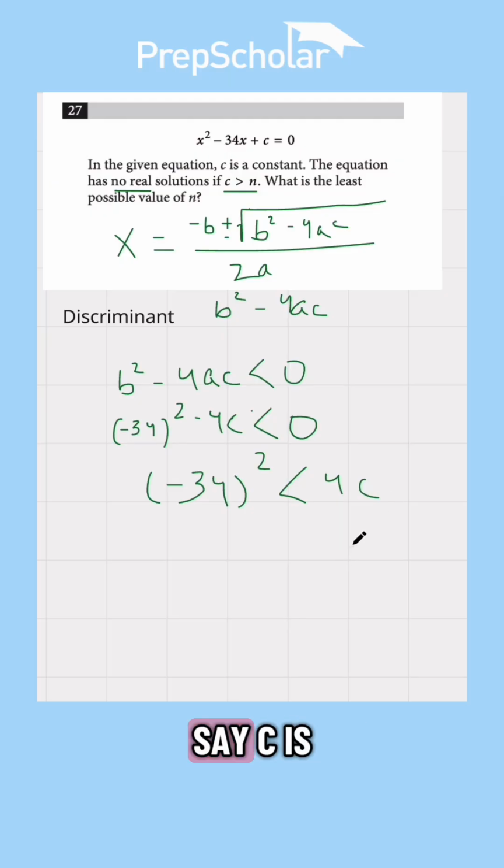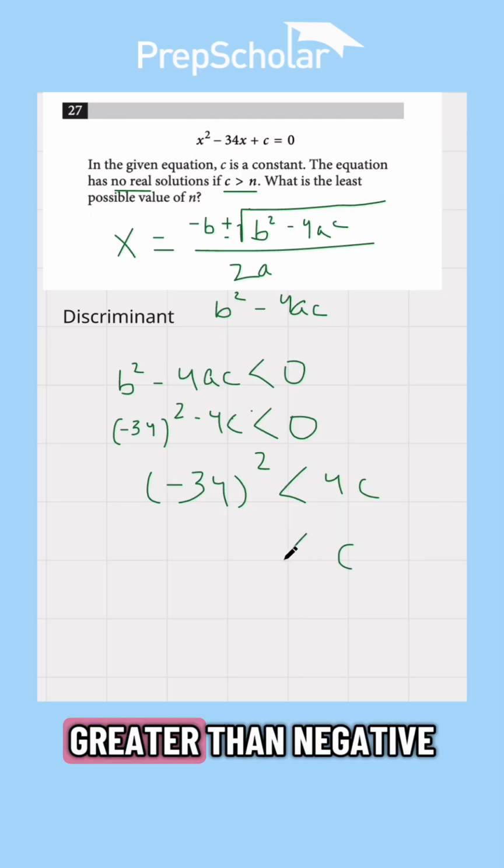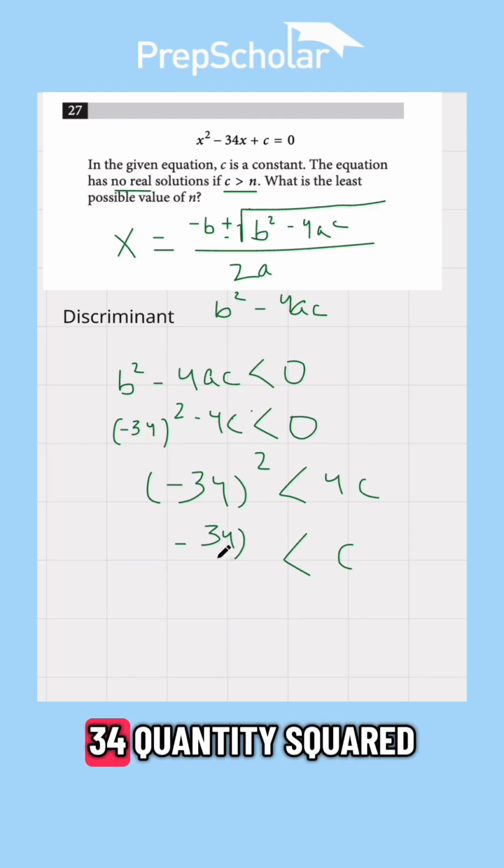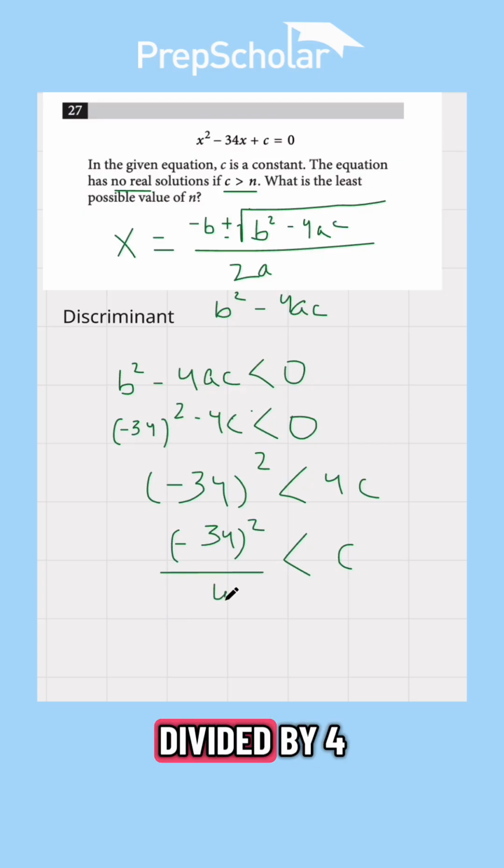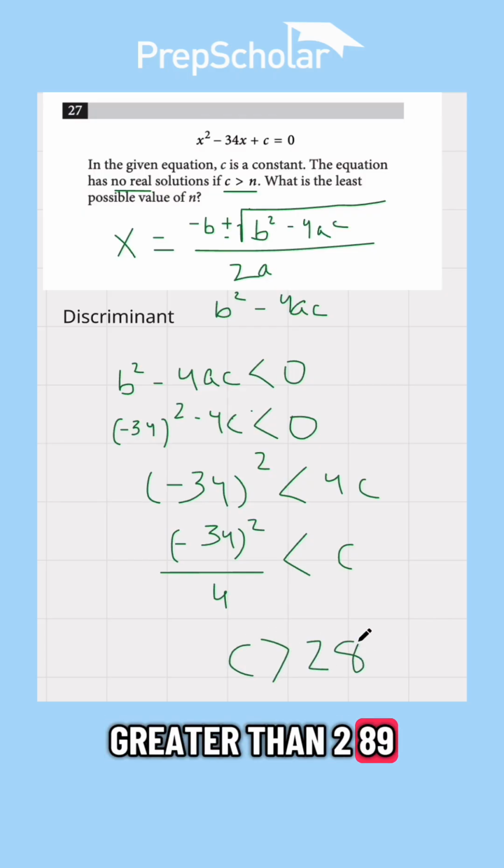And I'm going to say c is greater than negative 34 quantity squared divided by 4. So if we plug this into a calculator, you can see that c is greater than 289.